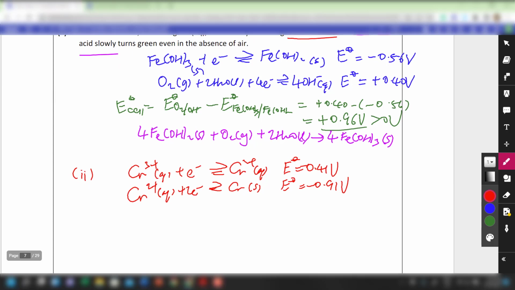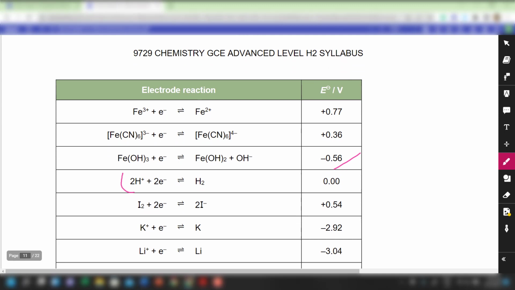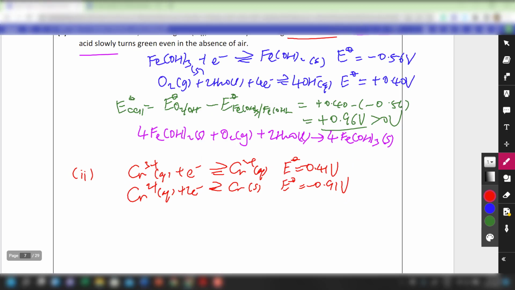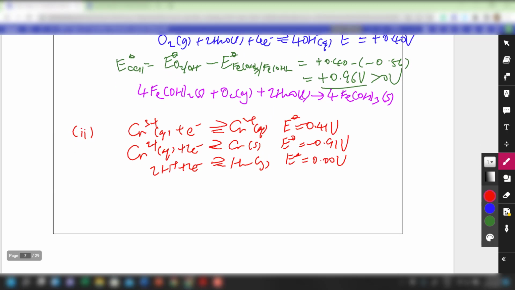We are looking at an acidic medium, so definitely we are looking at the hydrogen half cell: 2H plus plus 2 electrons gives H2 gas, and this is 0.00 volts. To support the oxidation of chromium to chromium(II), we calculate E cell.